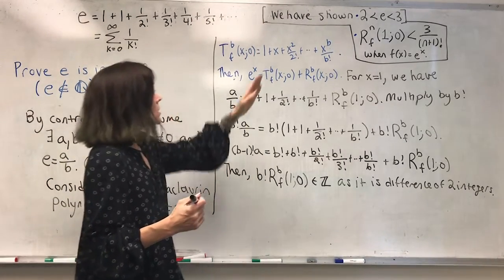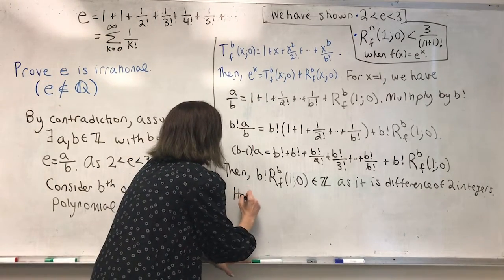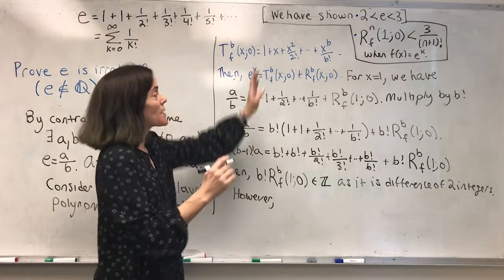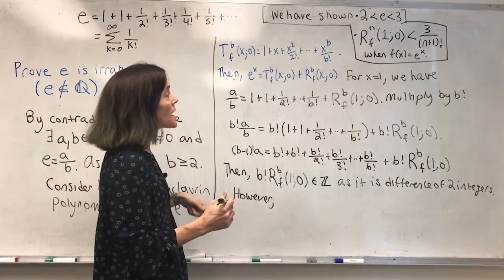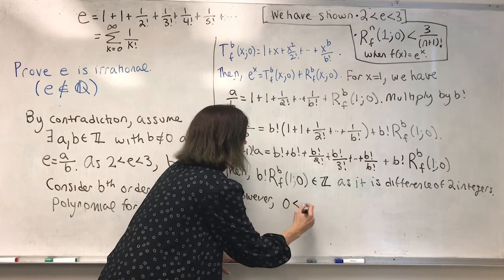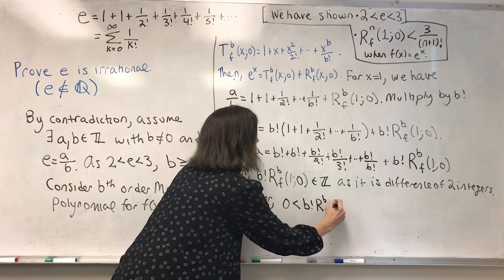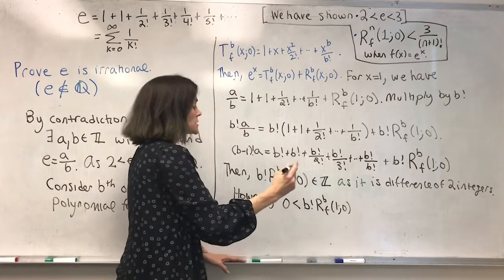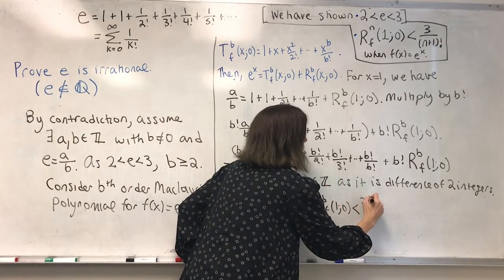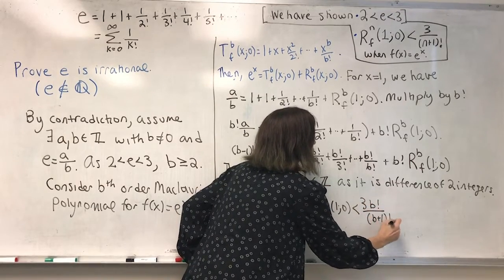However, look here, we use this bound that we have before. So however, we know it's positive. We discussed that in the last thing. Maybe I could have added a greater than 0 on the other side. But this, I'll put it here. And this is strictly less than 3 times b factorial over b plus 1 factorial.